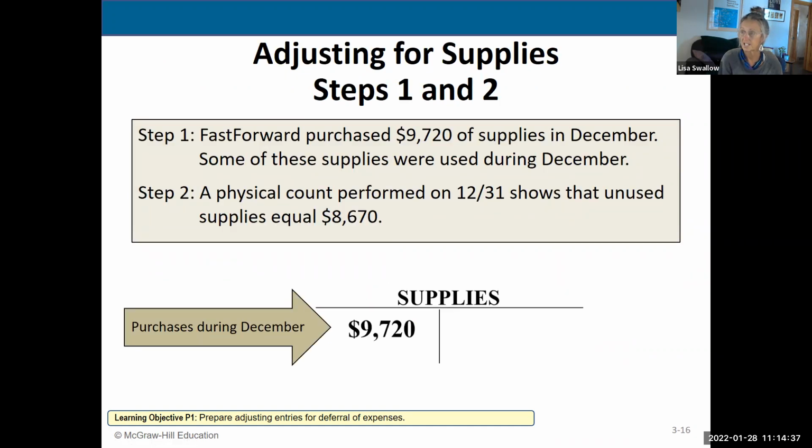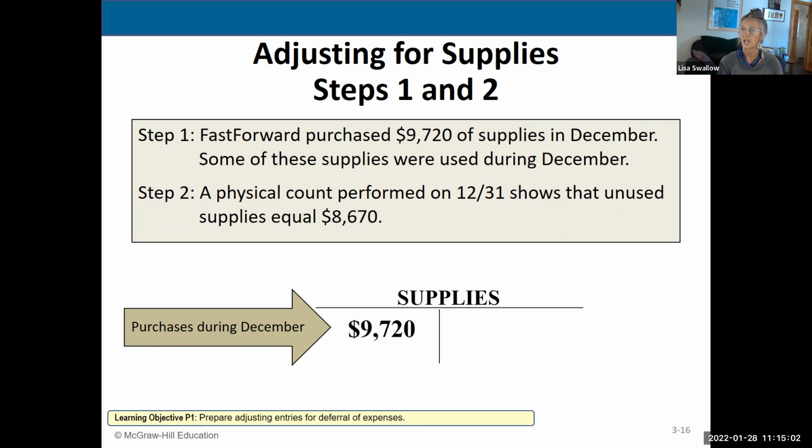Okay, so the second example, I've bought a whole bunch of supplies, right? So I debit my asset of supplies and I credit my cash. And then at the end of the month, we go in and we count my supplies. Let's say I'm a mechanic and I've used up a bunch of small auto parts that I have put into supplies.